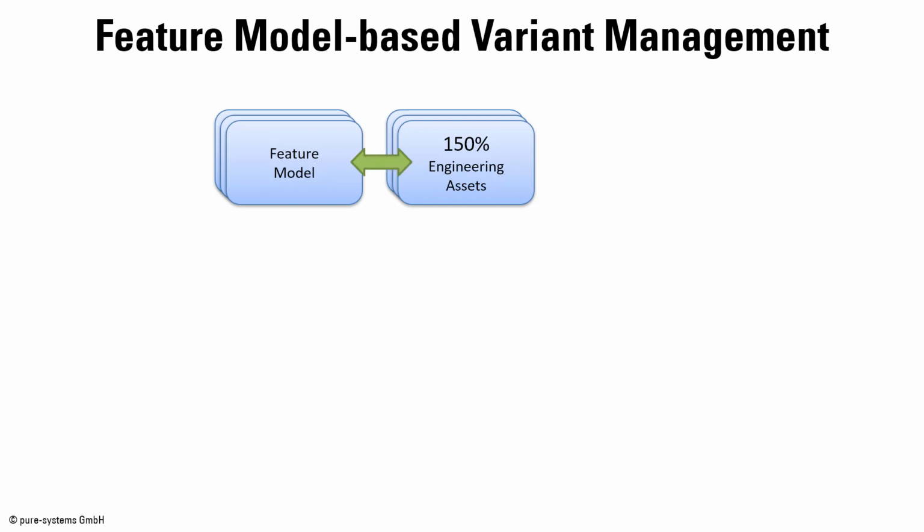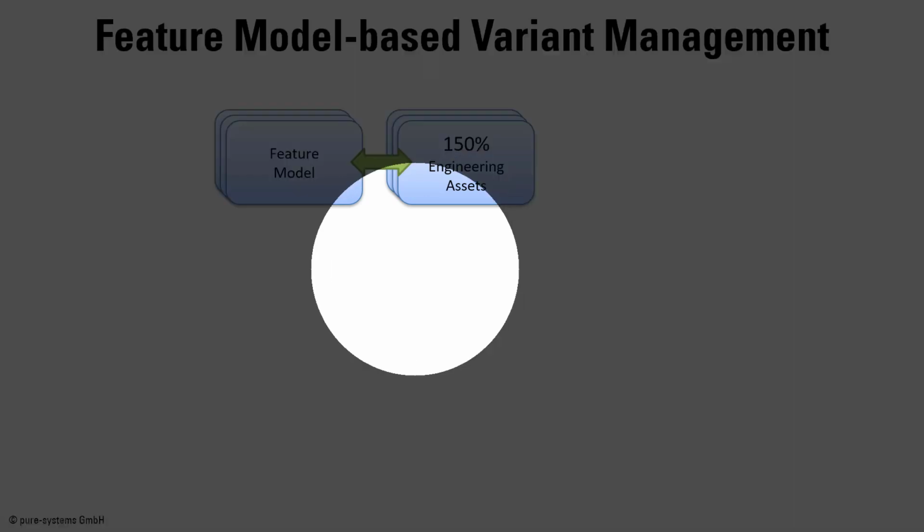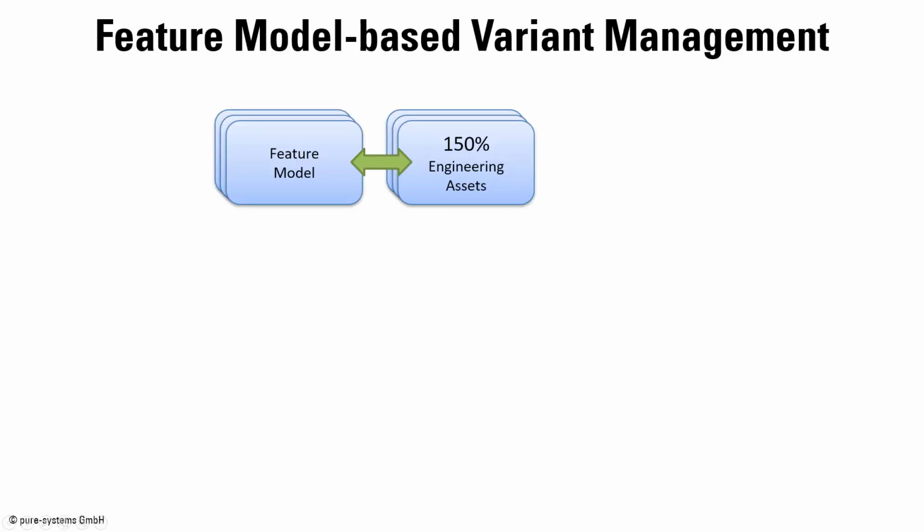And this knowledge is mapped to your solution assets, to your supersets of engineering assets, so also to your superset architecture. This in the end allows you to configure your variants based on the feature model, so on a much higher level of abstraction than it would be the case if you had to look at the single actual solution assets of the different variants each time.